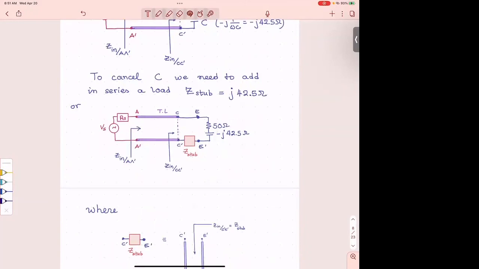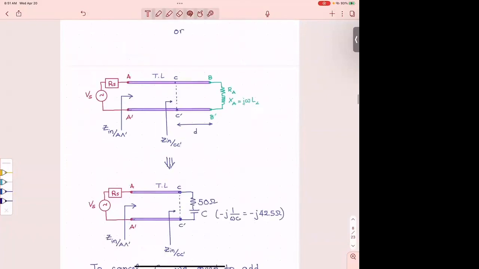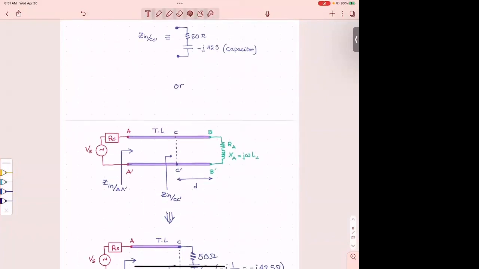Okay, so you will read all of the details. I have multiple details for you to go through this exercise, and I want you to go through it. So when I move along the purple circle, I move to a place on the transmission line. Here, I move to the point E prime, which is somewhere here.